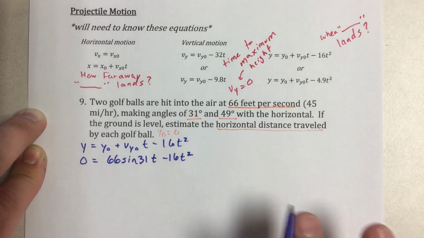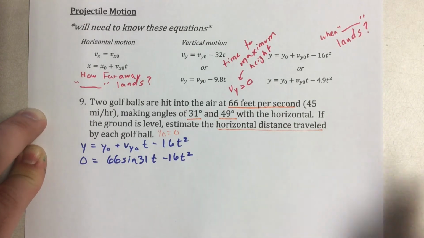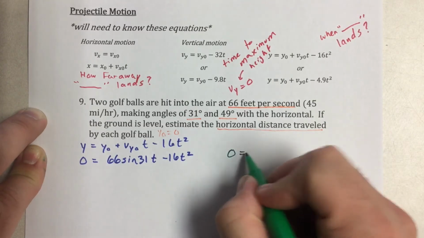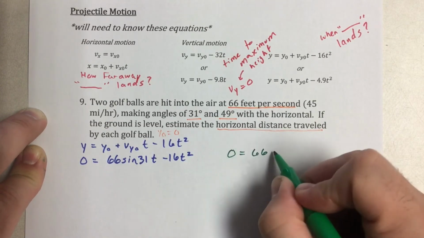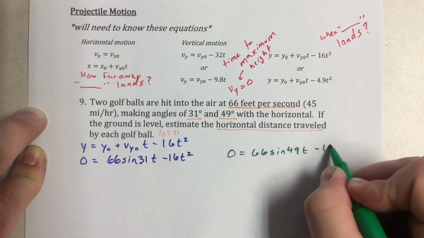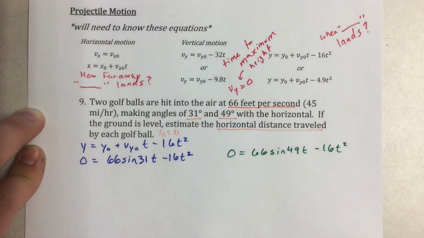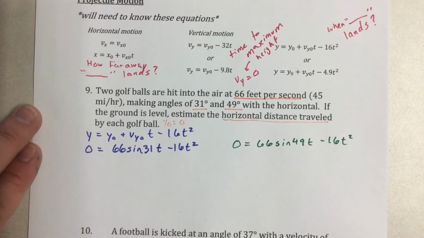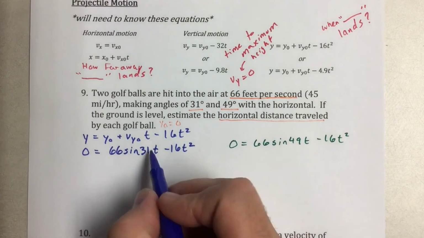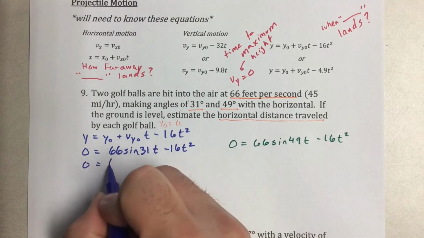All right, so we solve this. I'm actually going to go ahead and write the other one too. So we have the same equation, so we have 0 equals 66 sine of 49 t minus 16t squared. Again, we're using the minus 16t squared because we're measuring in feet. So looking at the first equation, when we solve this, both terms have a t, so we can factor the t out.